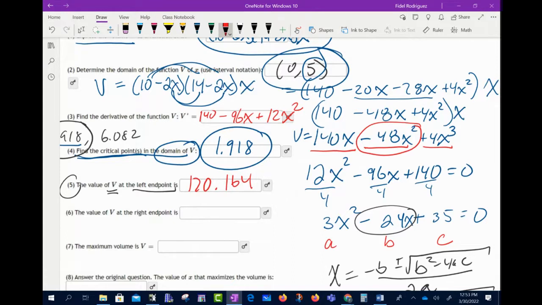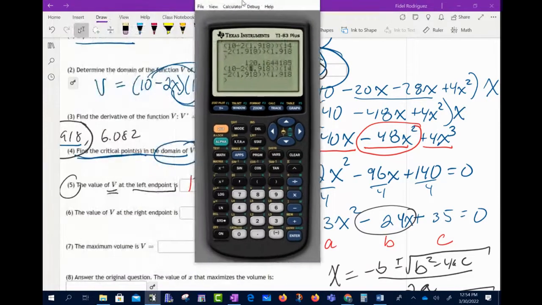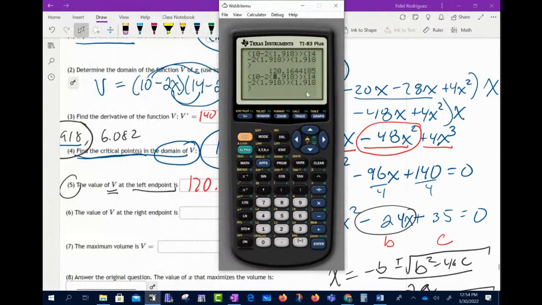Okay, now, y'all, we're going to do the same process again, but now we're going to plug in what number? 6.082, right? Okay, so look, y'all, we're going to do the same process we did before. If you want to, on your calculator, you can do second entry, and it just enters exactly what you typed in before. And all I'm going to do is change that 1.918 to a 6.082, right?